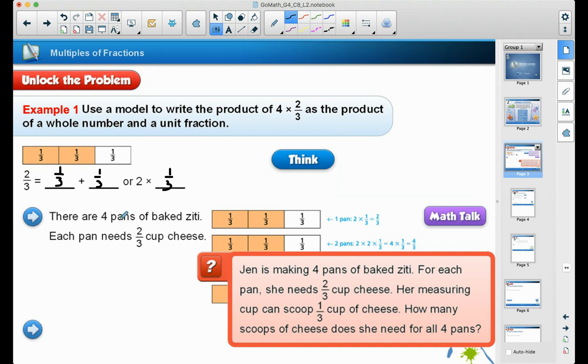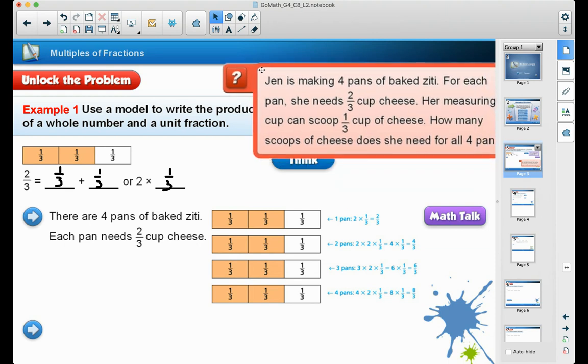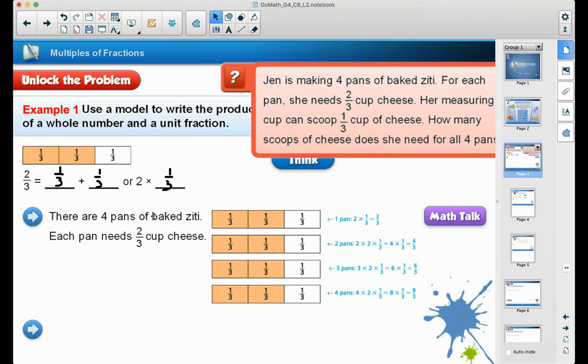However, there are 4 pans of baked ziti. So each pan needs 2/3. For the first pan, what we need is 1/3 and 1/3. The second pan also, we need 1/3 plus 1/3, and we have 2 times 1/3.